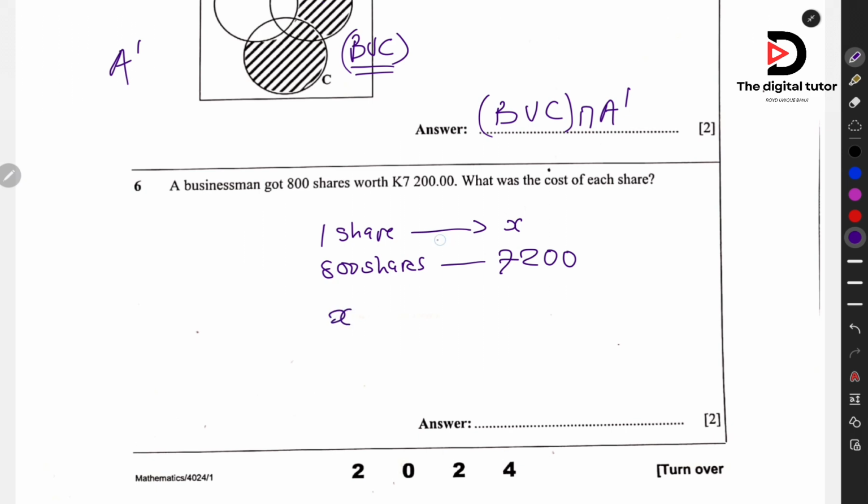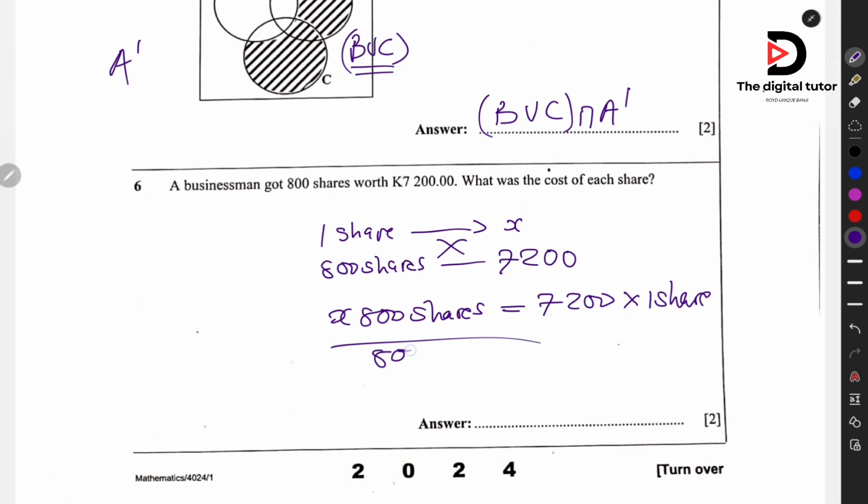We are going to have x times 800 shares equal to 7,200 times one share. So 800 shares, 800 shares. Then of course we divide.